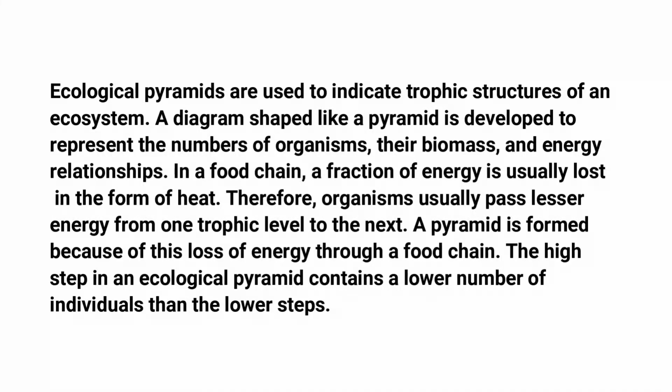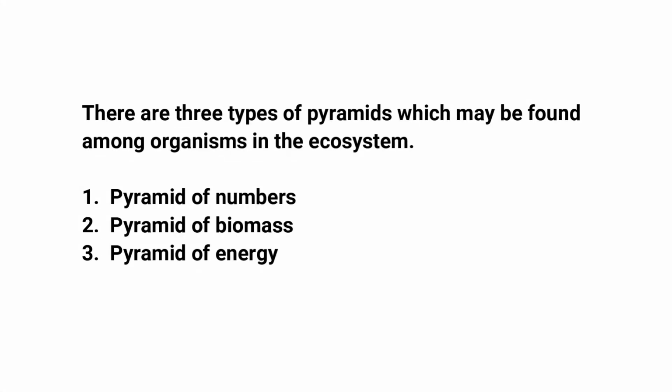Therefore, organisms usually pass lesser energy from one trophic level to the next. A pyramid is formed because of this loss of energy through a food chain. The high step in an ecological pyramid contains a lower number of individuals than the lower steps. There are 3 types of pyramid which may be found among organisms in the ecosystem.